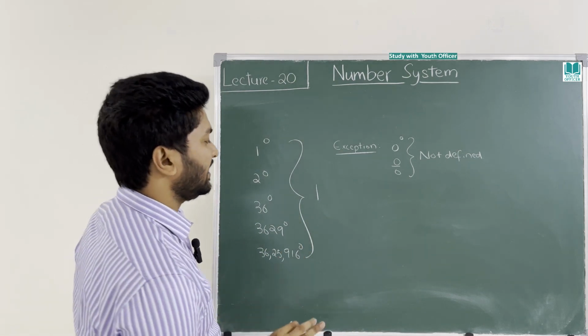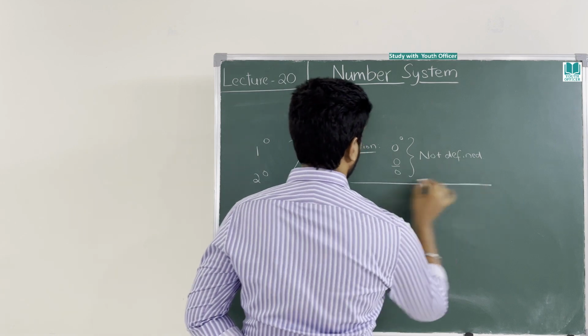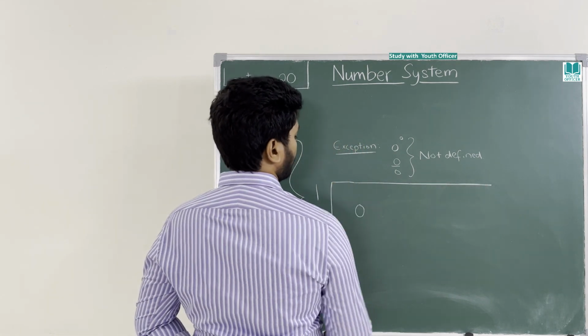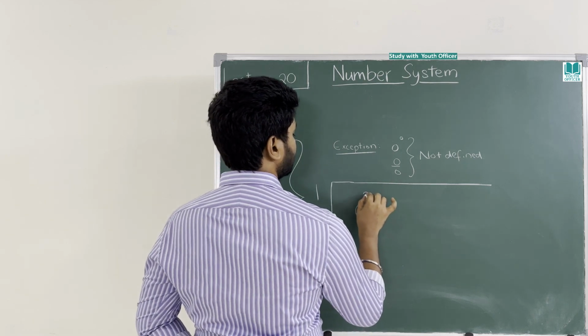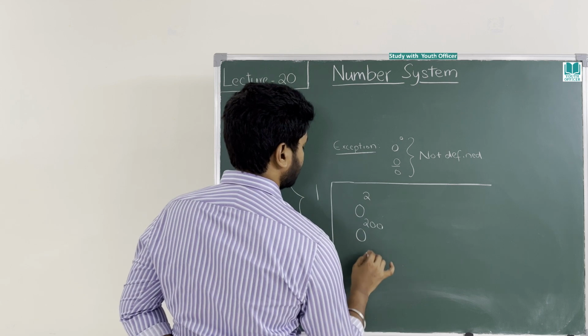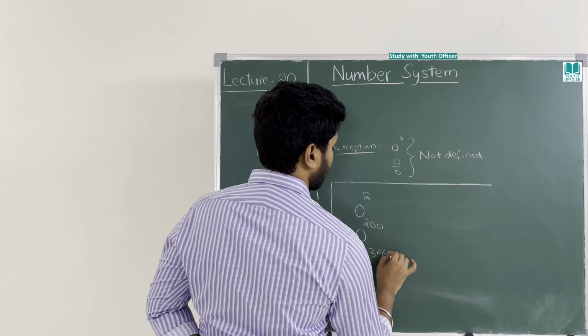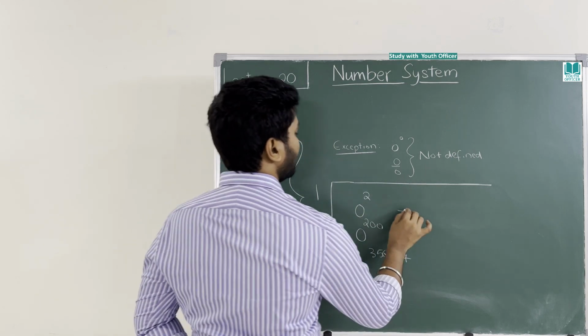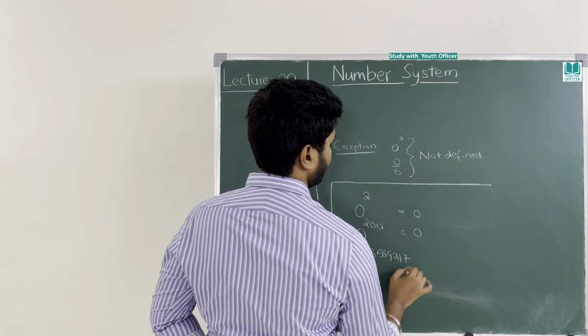And one more thing I will tell you right now. If you take 0 to any power, 0 power 2, 0 power 200, or 0 power 3, 5, 6, 9, 2, 1, 7, anything if you take, the result will always be 0.